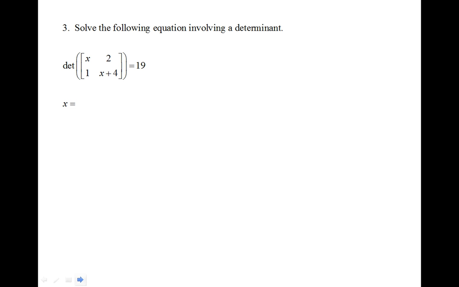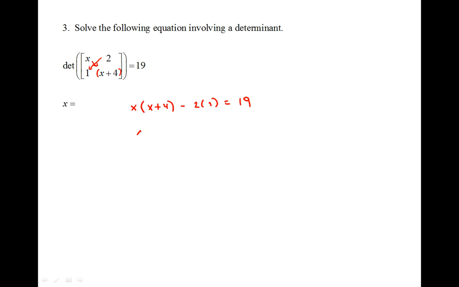Solve the following equation involving a determinant. So x times x plus 4 minus 2 times 1 should equal 19.